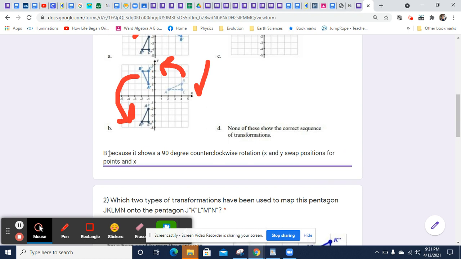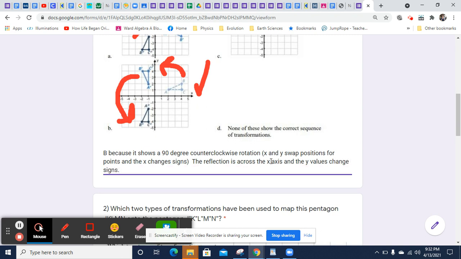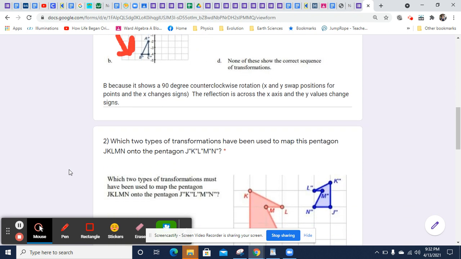And X, the new X, changes signs. The reflection is across the x-axis and the y values change signs. Okay, so those are things that have happened when we did those transformations.